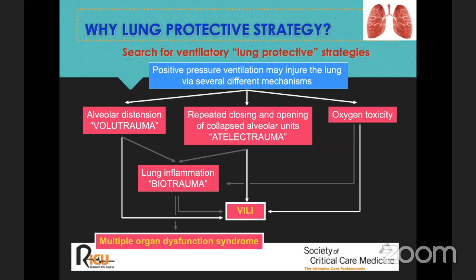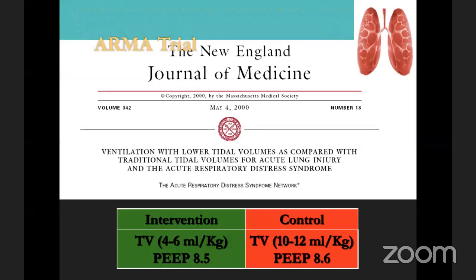So here, if the patient has ARDS, we have to use what is called lung protective strategies. As we mentioned, we have to avoid volutrauma or atelectrauma. There is another trial here, called the ARMA trial, which was published in the New England Journal of Medicine.